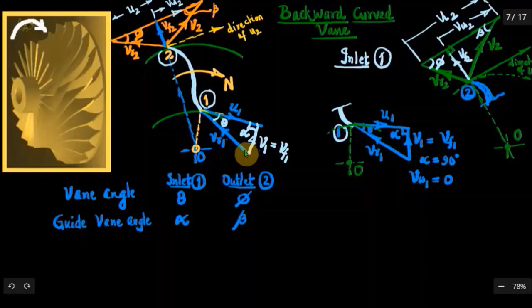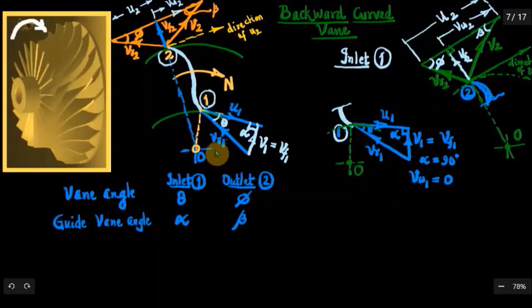So air has to enter tangentially to the blade surface at the tip. That is, it should follow the vane angle. This angle theta is given. Theta is 16 degree, the vane angle or blade angle at inlet. So the relative velocity is tangential to the blade surface at tip 1.